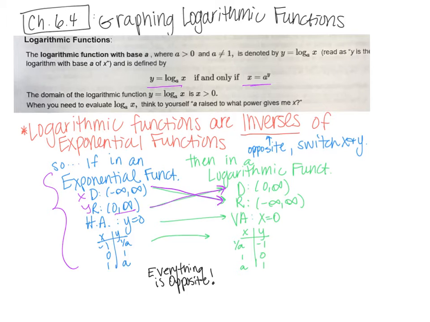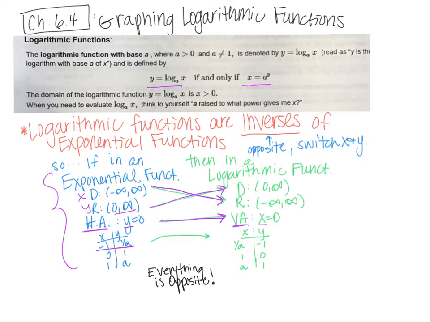All right. In an exponential function, we had a horizontal asymptote, which was a y. So now we're going to have a vertical asymptote, which is an x. So again, I'm just switching the x with the y. Our table of values that we were graphing with used to be negative 1, 1 over a.